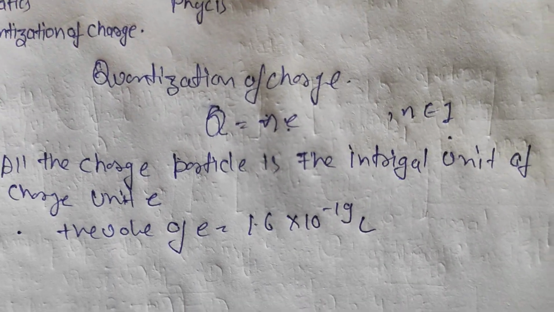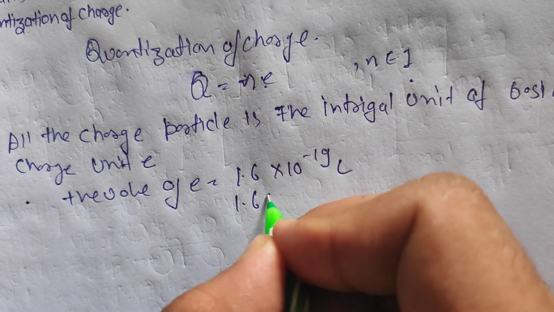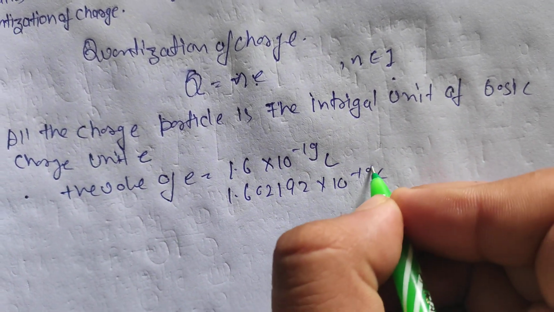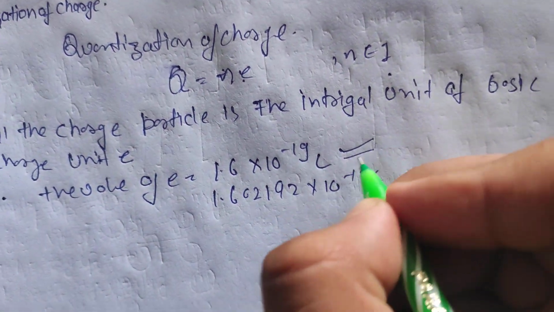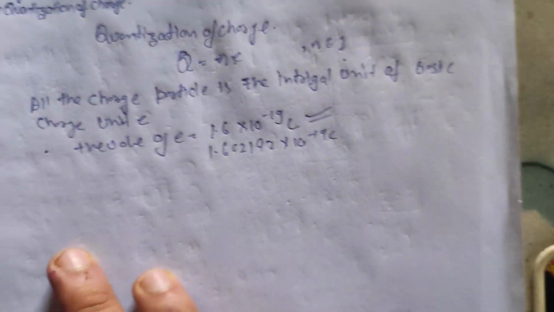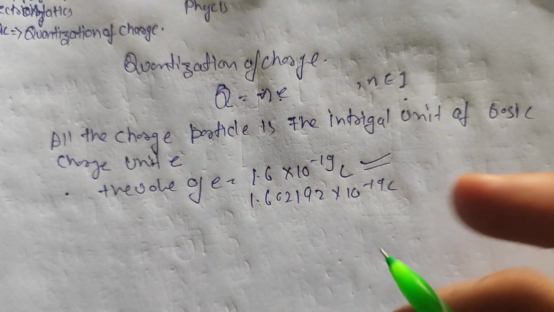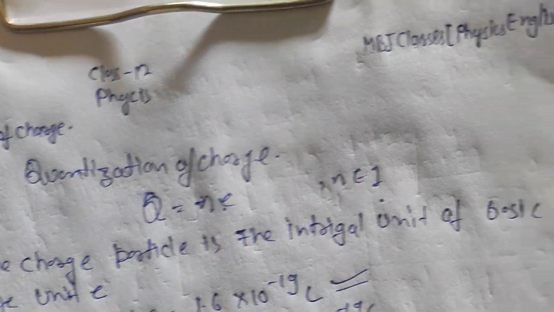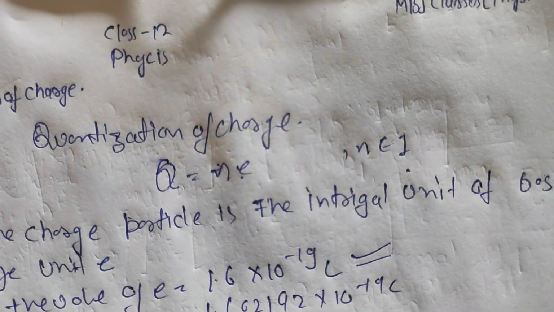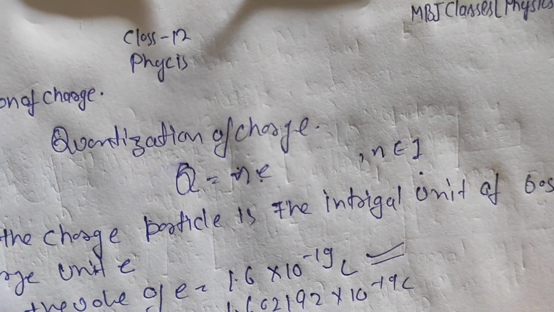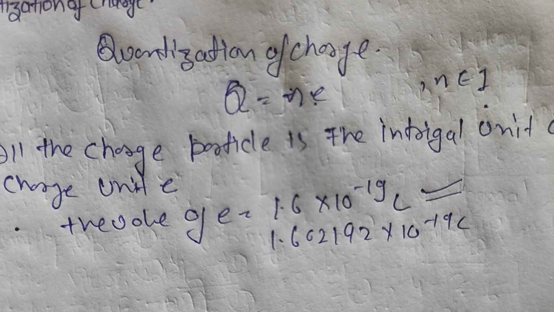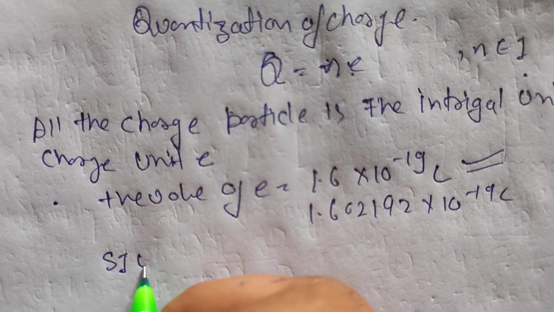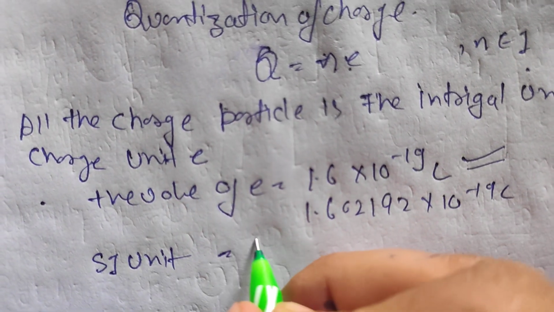Sometimes the more precise value is 1.602 × 10^-19 coulomb, but that is okay, because we rather use the shorter value. Basically e is the fundamental unit of charge, but the coulomb is the SI unit of charge.